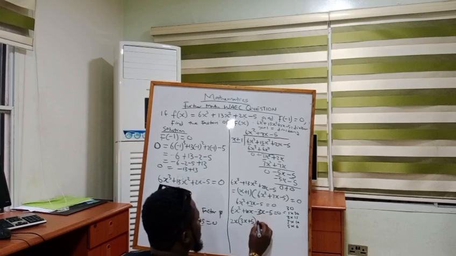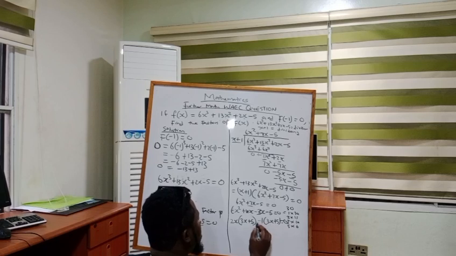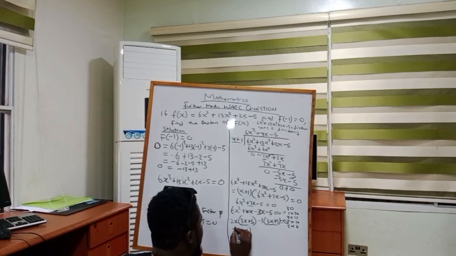Then what's common here? This one is just minus 1 into bracket 3x plus 5 equals 0. Then you now combine this and this. Since we have the same thing inside, that will give us 2x minus 1 bracket 3x plus 5 equals 0.